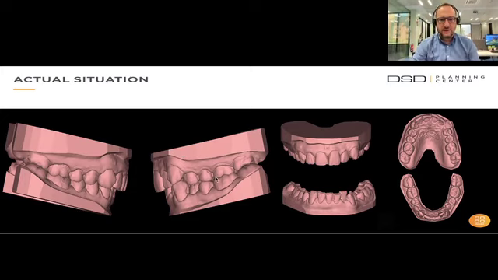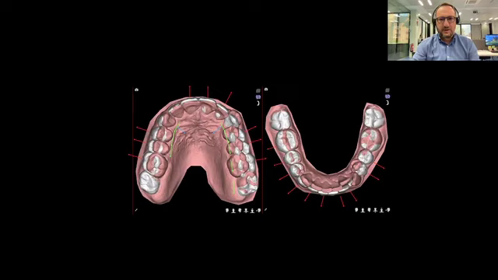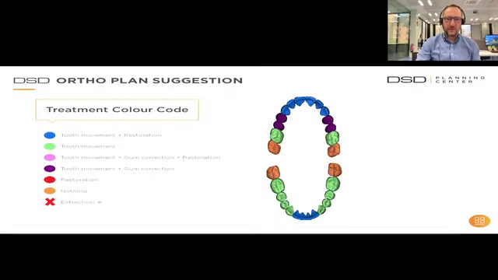So this is the kind of case where we need to do a lot of complex movements, and sequential movement helps a lot, because imagine us trying to expand and distalize at the same time. If we do all of these posteriors at the same time, it's not going to happen.